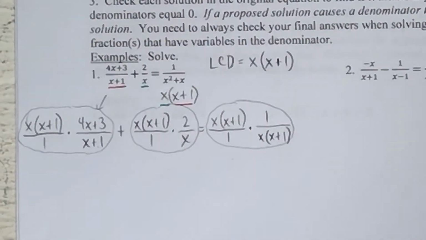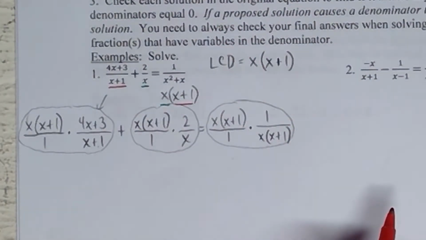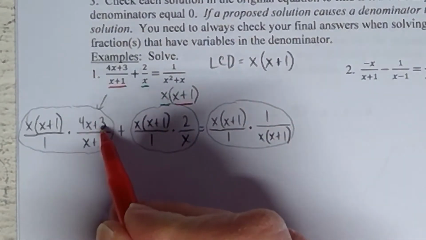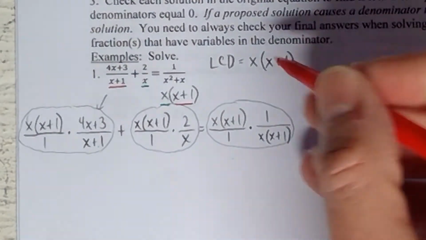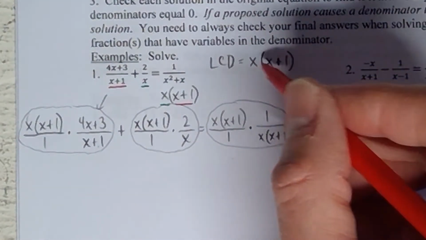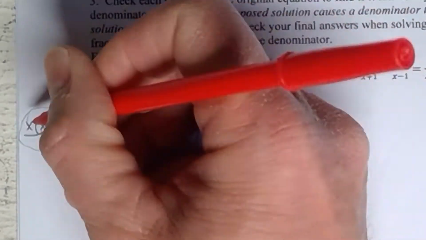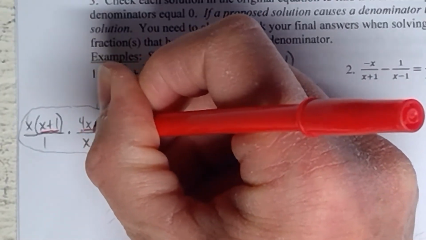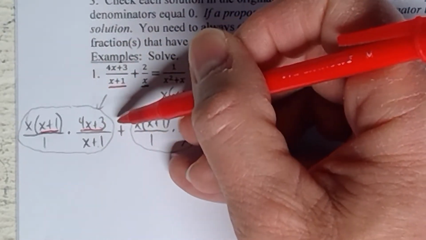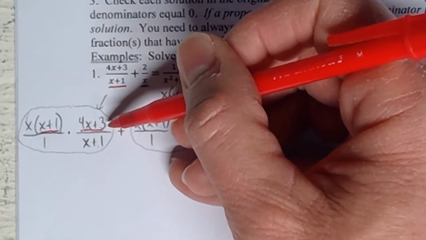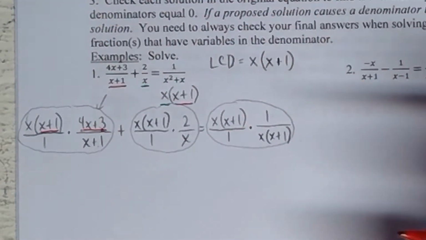But remember, let's take a look at our factors here. Most of the stuff is already factored. Okay, 4x plus 3 is factored. The LCD should already be in factored form, assuming you don't change it from the way we originally wrote it down here. Okay, so that's factored. This is prime because it's got a GCF of 1 and it has x to the first power with 2 terms. Remember, x to the first power with 2 terms, that's already prime, as long as the GCF is also 1.